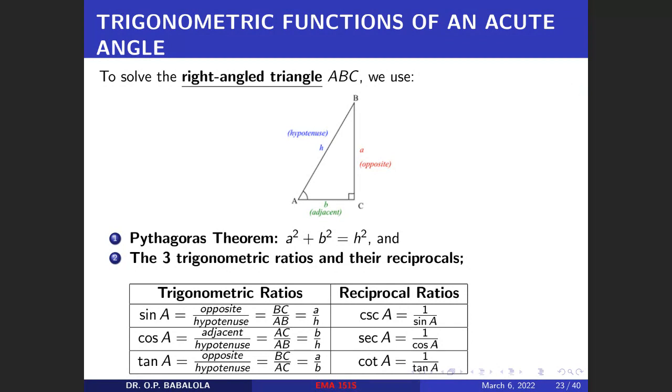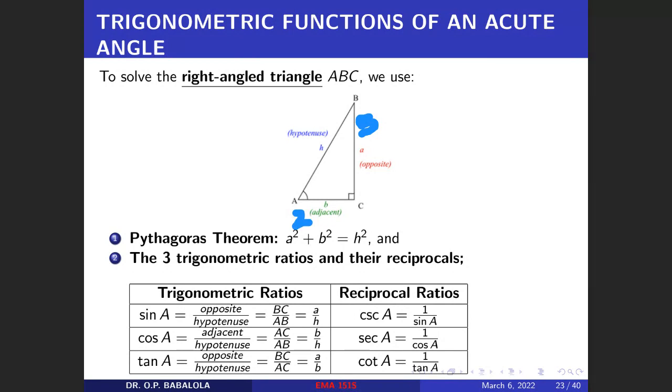The example I was discussing is, let's say we are given side BC to be 5, for instance, and we are given side AC to be 2. Then we said find the value for side AB.